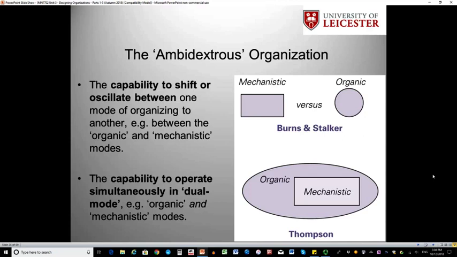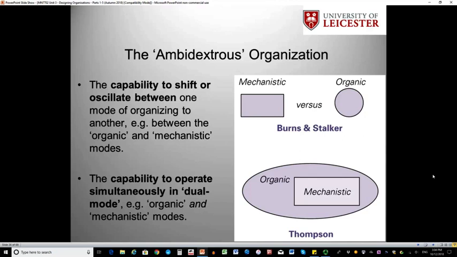So the ambidextrous organisation is often associated with organisations that are actually operating simultaneously in dual mode, both modes at the same time. And we can see why they might want to do that. At Hewlett-Packard, clearly the R&D department needed to be organic because the organic mode was associated with innovation, and so they wanted the R&D department to be innovative.